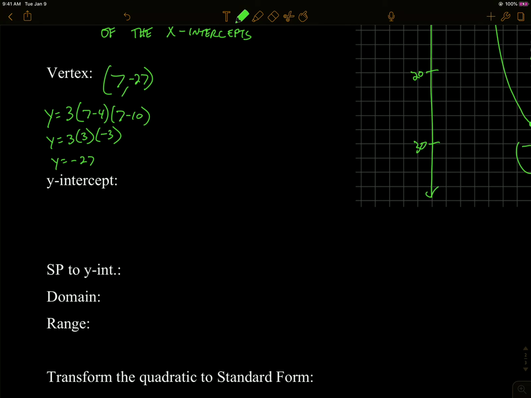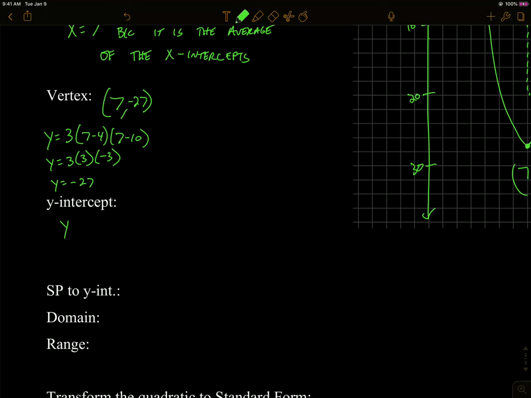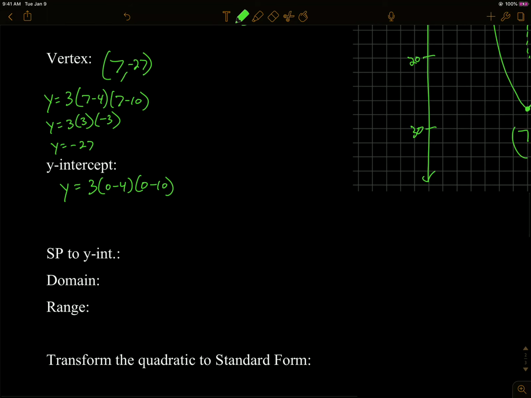My y-intercept, I got to plug in 0 for x. So now we have y equals 3 times (0 minus 4) times (0 minus 10). So I get 3 times negative 4 times negative 10. y equals positive 120, which is off our graph, so we're not going to have to graph that.